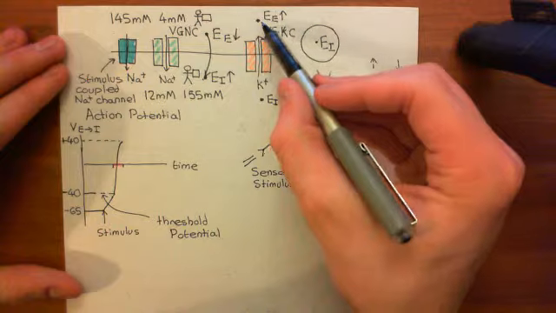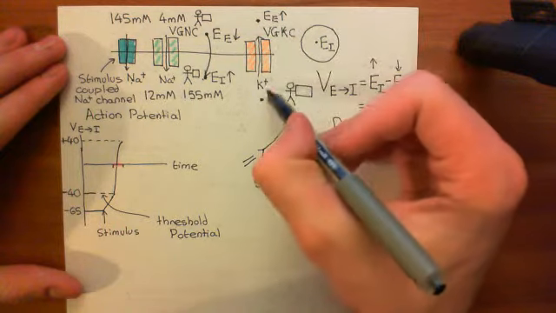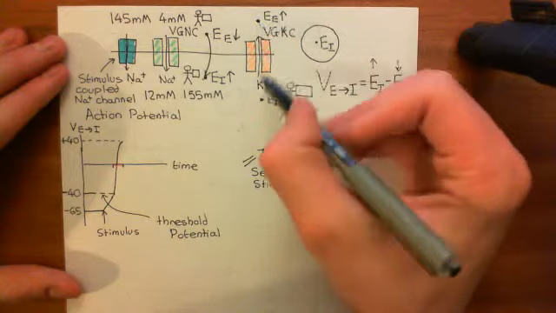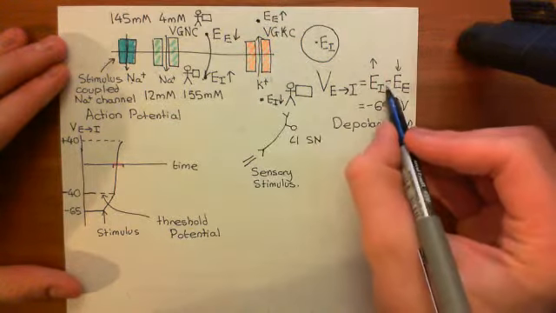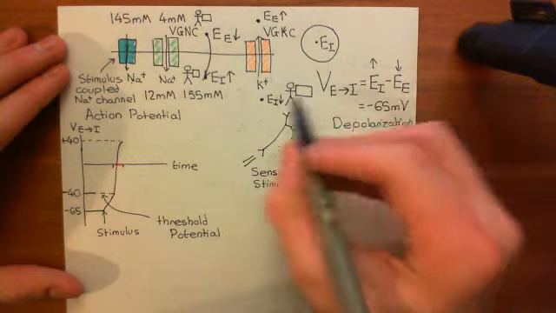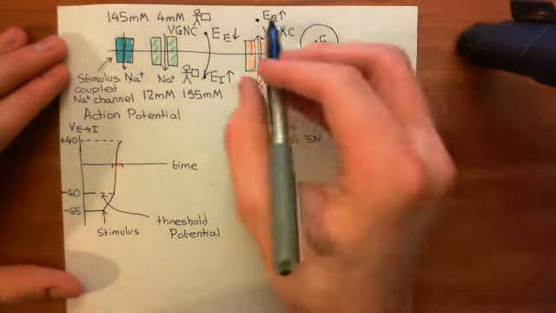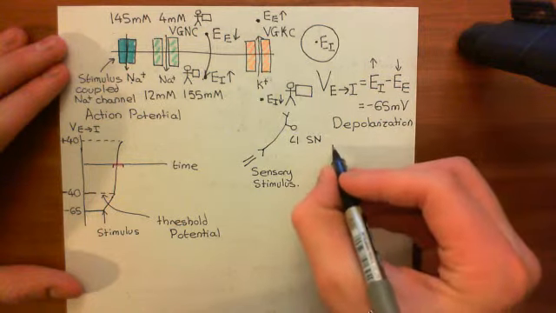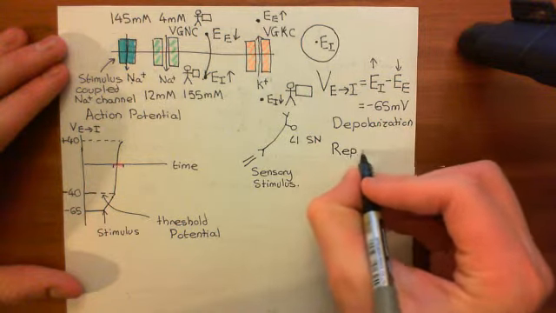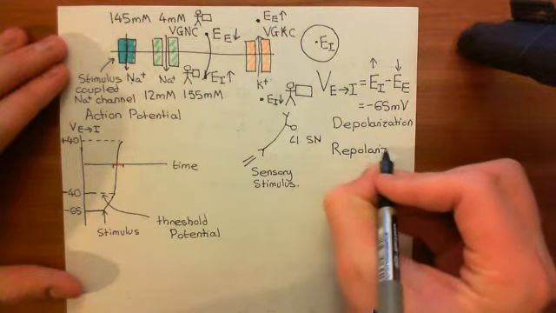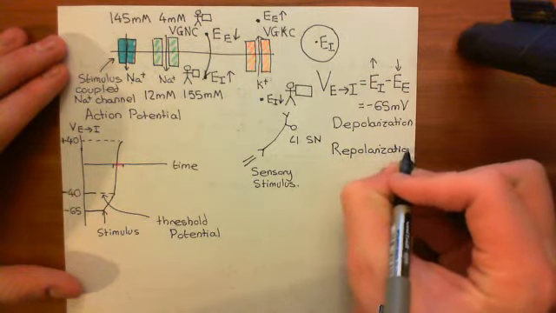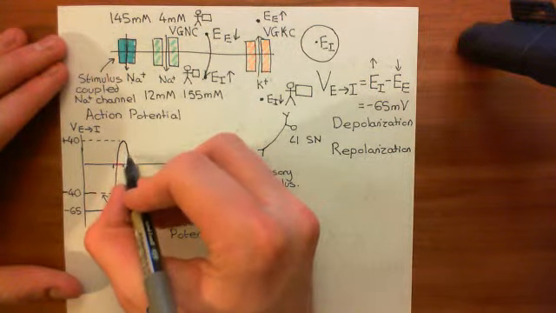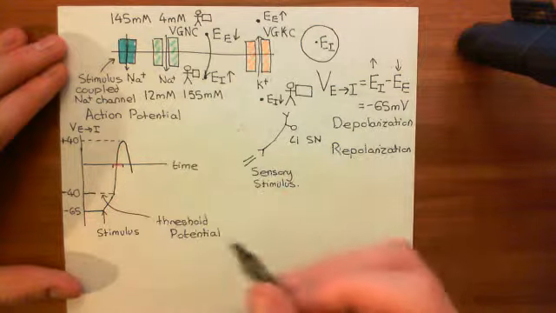So if we want to know what this is going to do to the electrical potential difference across the cell, from extracellular to intracellular, let's look at this equation. This number here is going down, and this number here is going up, so this number is going to become more negative. So basically, you're going to get the repolarization of the electrical potential difference across the cell membrane. The electrical potential difference is going to go back down, basically, like so.